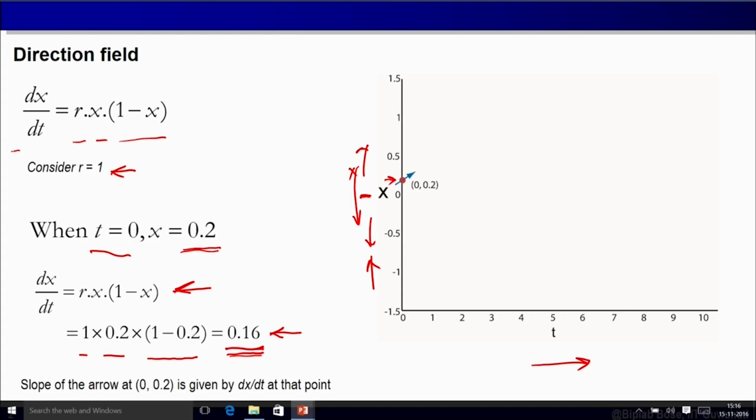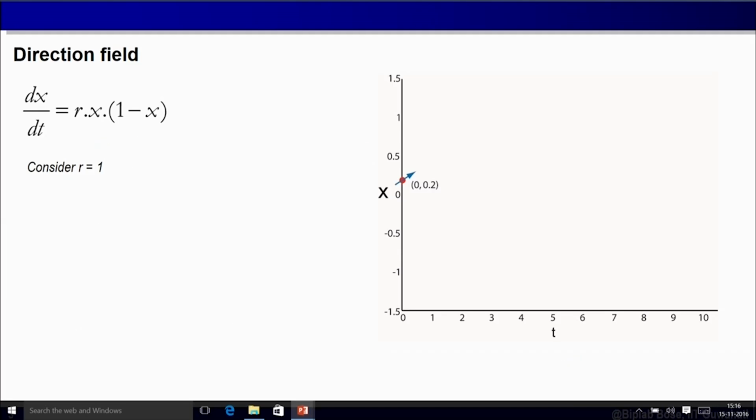So what I have shown here in the graph, I have taken a point at 0.2 in this space of x versus t, and then I have drawn an arrow there having a slope equal to dx dt at that point.